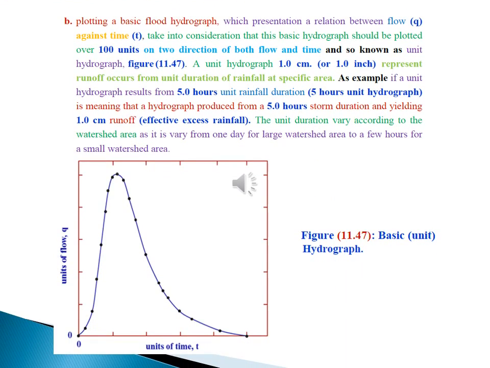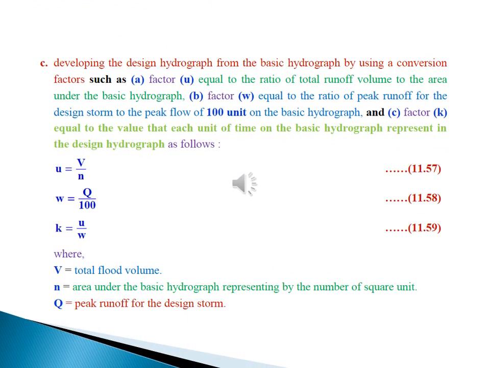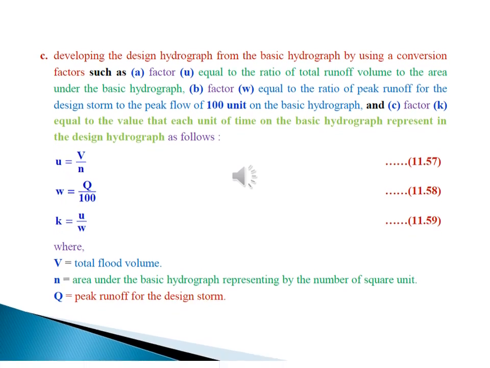Plotting a basic flood hydrograph with presentation and relation between flow against time, as shown in the enclosed figure. My dear, developing the design hydrograph from the basic hydrograph by using a conversion factor, as shown in the enclosed equation.